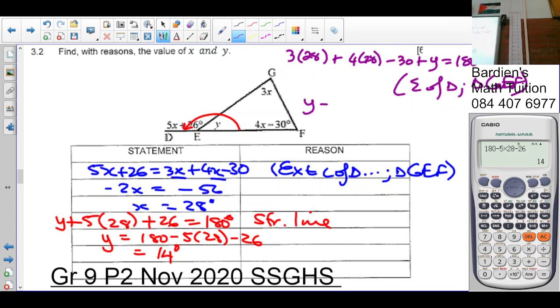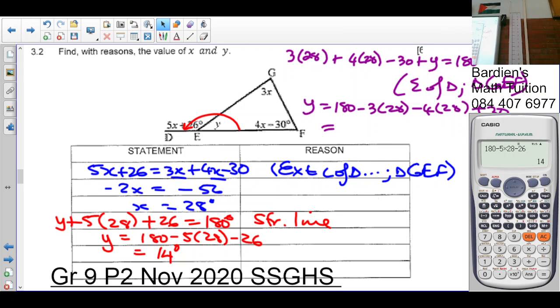So y is equal to 180 minus 3 times 28 minus 4 times 28 plus 30. Still 14.